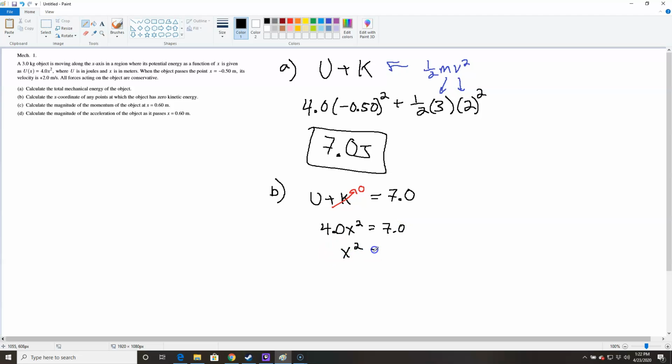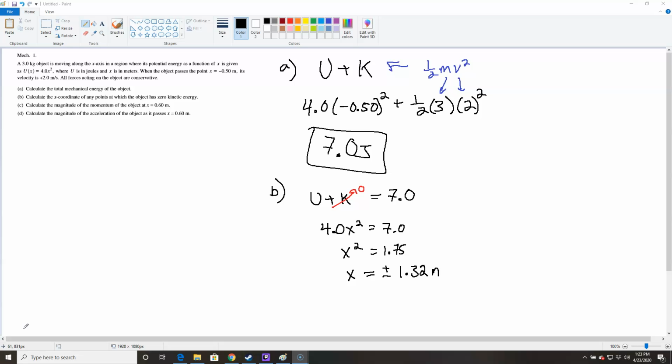So x squared will be 7 over 4, which is 1.75. Then we take the square root of that, and x would be plus or minus 1.32 meters. So far, so good. We will move on to question C.